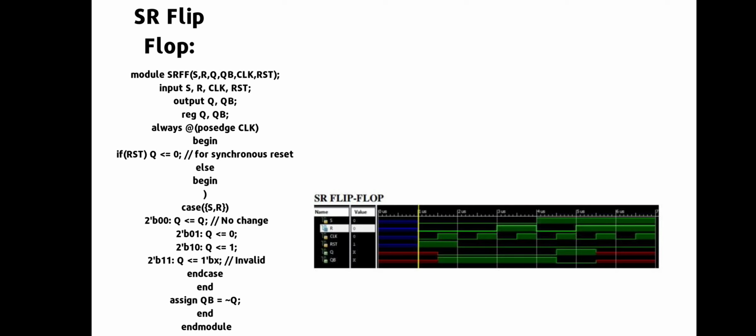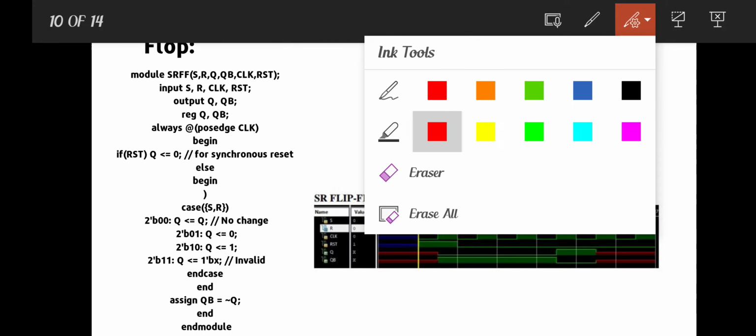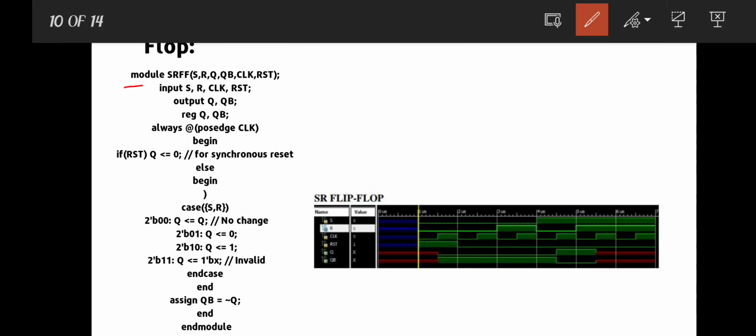This is the Verilog code for the SR flip-flop. In this program, module is a keyword followed by the module name, and these are the input and output variables. The input variables are S (set), R (reset), and clock.